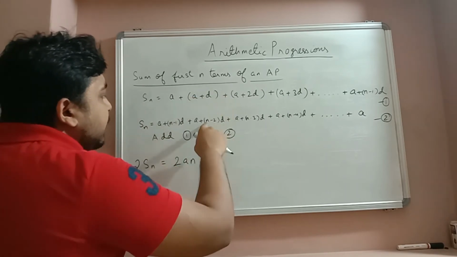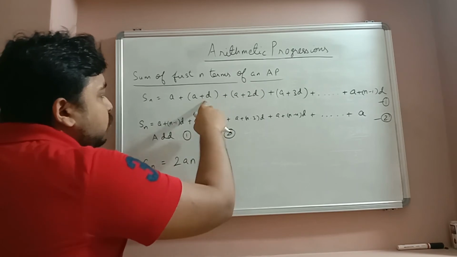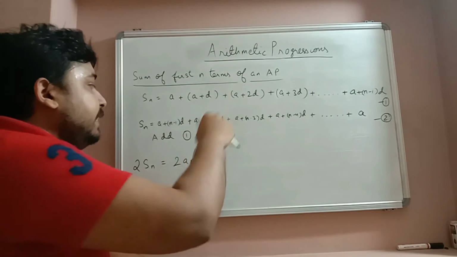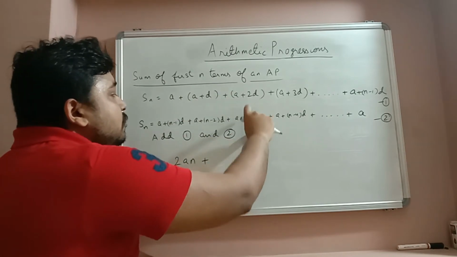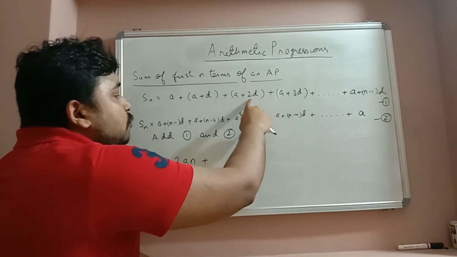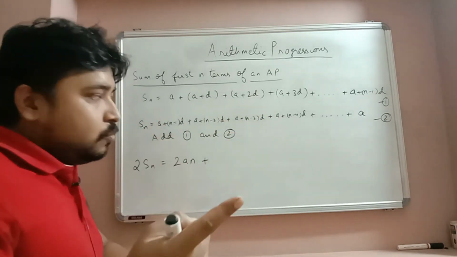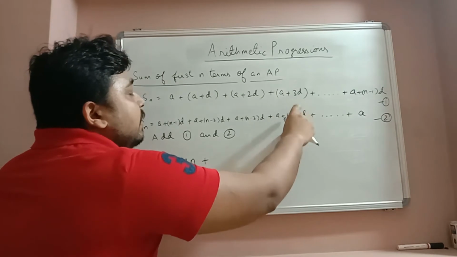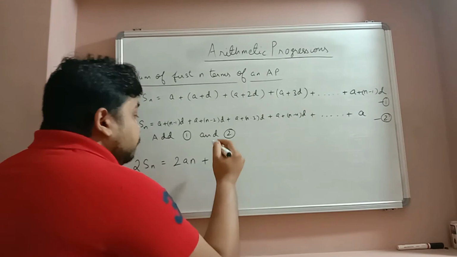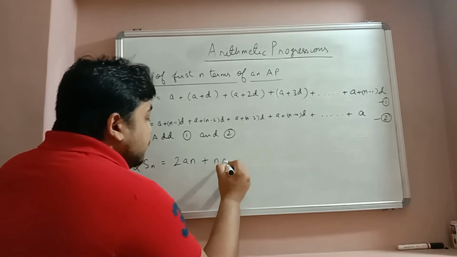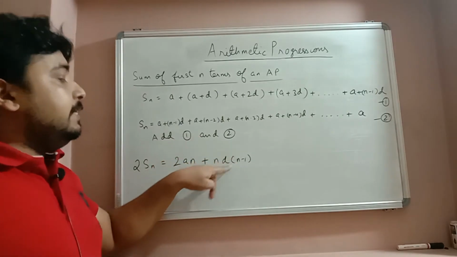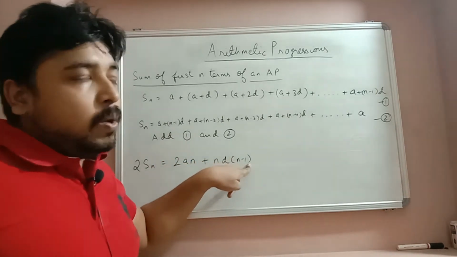Again taking d common, I will get n minus 2 plus 1, so that will again turn out to be (n minus 1) into d. Again for these two terms, d common, n minus 3 plus 2 will give me again n minus 1, and similarly here also I will get d into (n minus 1) on adding. So we are getting n times d into (n minus 1).